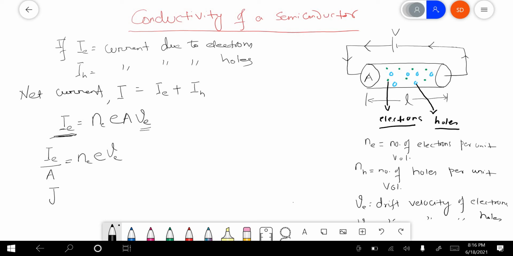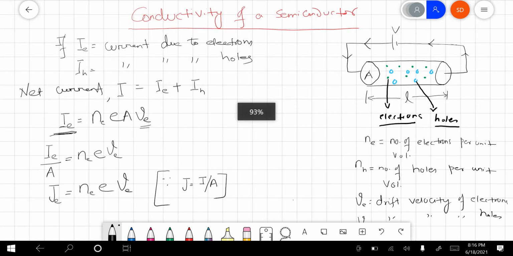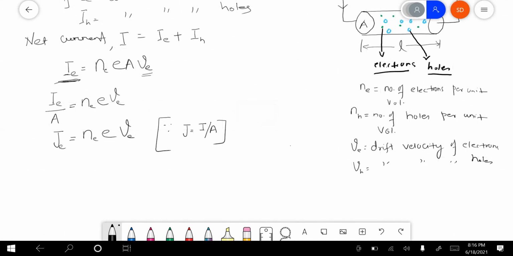So we have Je equal to this, since J is equal to I by A. Current density is equal to current divided by area. For example, this is equation number 1.